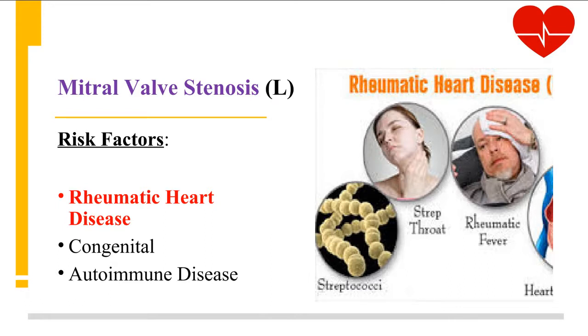Also, patients can get mitral valve stenosis if they develop calcium deposits at the base of that valve, which is called the annulus. That can also lead to a stenosis. And anybody who has ever had radiation to the chest can also develop mitral valve stenosis.